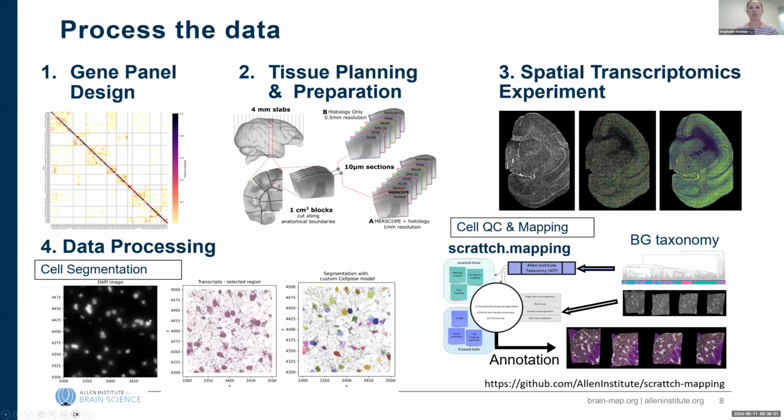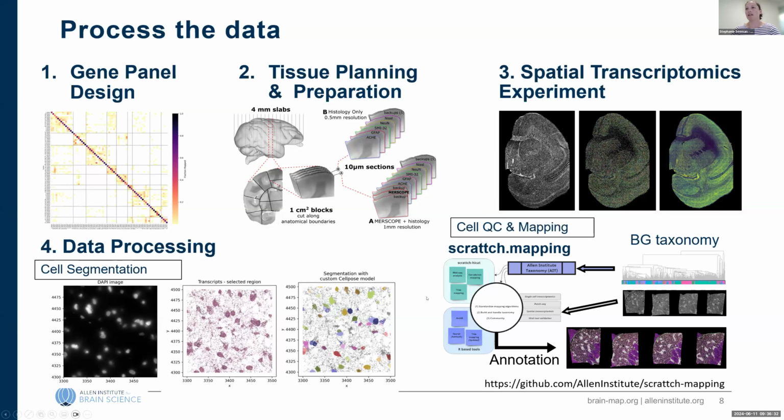We can use both of these pieces of information to draw boundaries around the cell nucleus and cell body to then define where the cells were and place the gene transcripts that were measured into their appropriate cell. This gives us what we call a cell by gene table, where we have cells and all of the genes that were expressed in them.